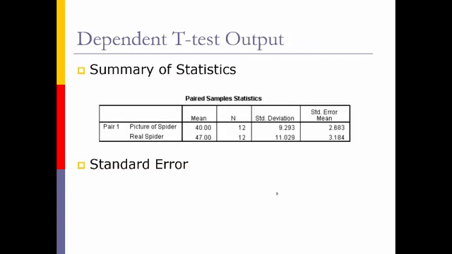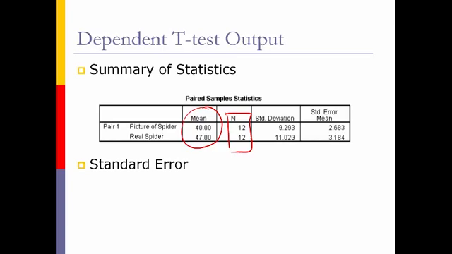All right, so here is the output for the dependent t-test. It's going to tell us the average anxiety that's associated with looking at the picture versus looking at the real spider. We did have 12 people that looked at each. And again, it shows our standard deviation and the standard error of the mean.